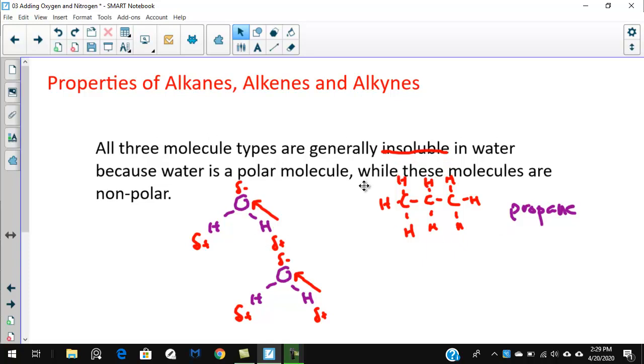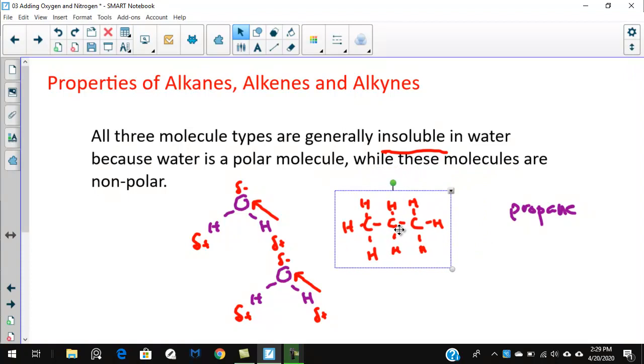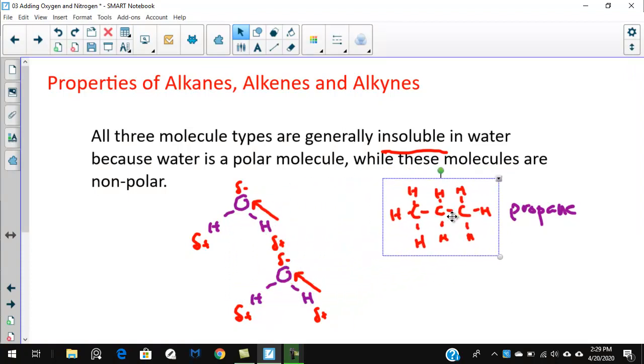And the only way that propane can be dissolved would be for it to come in and move in between water molecules. Well, because it's not polar, it can't break this negative and positive attraction that exists between the two water molecules.